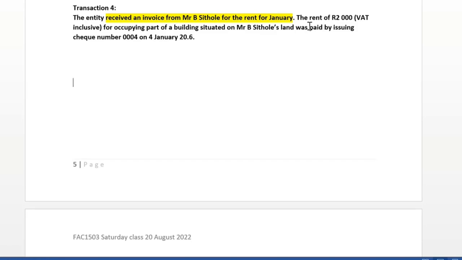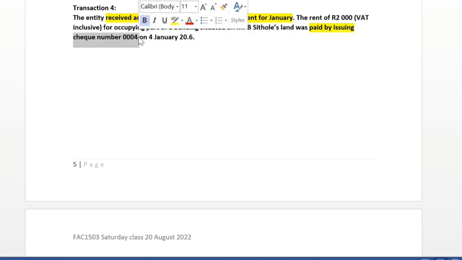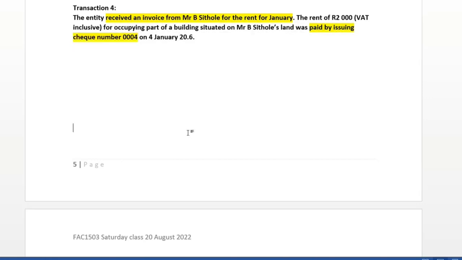After receiving the invoice, BS Electrical paid by issuing a check. So what are the source documents for this transaction?